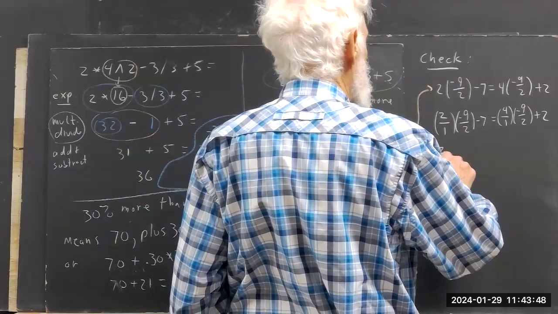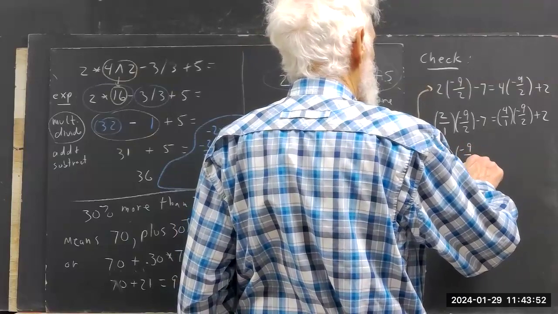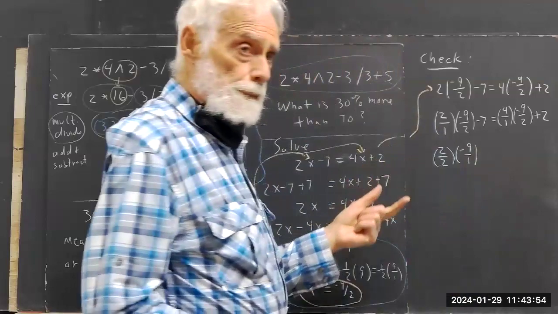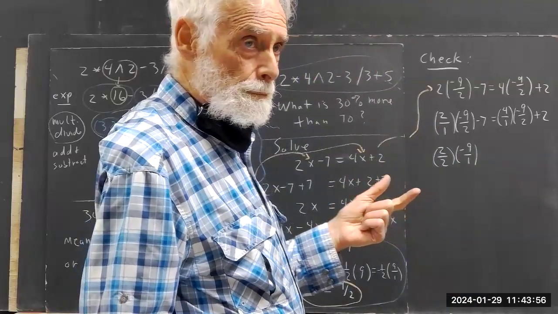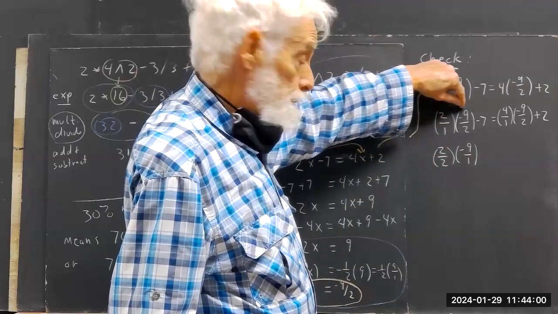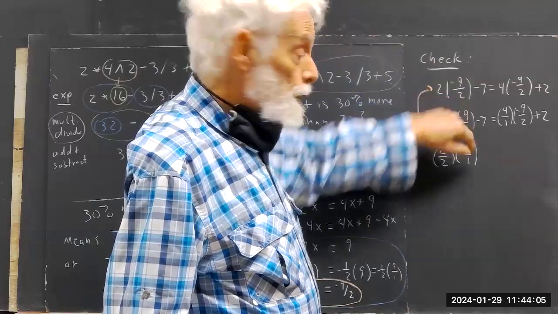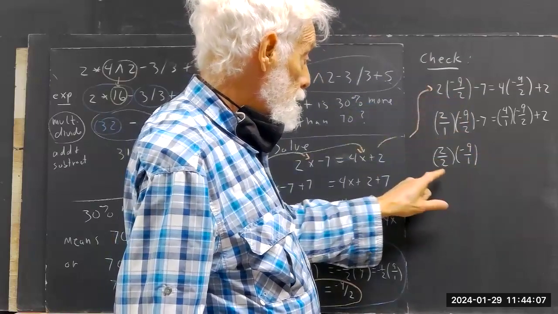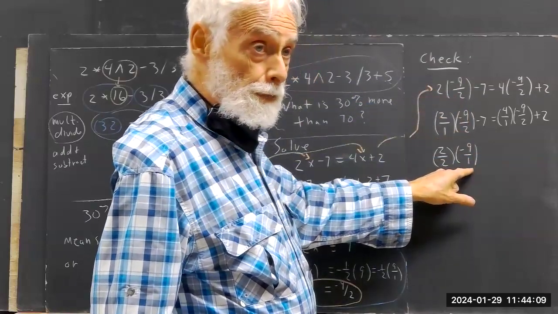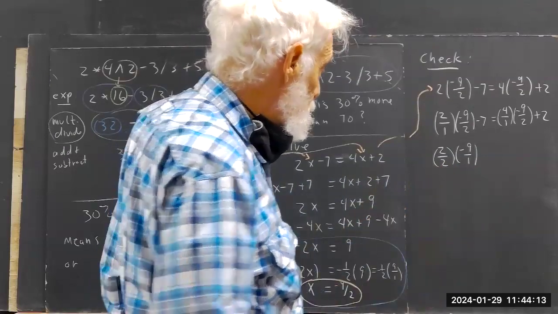This is the same as 2 over 2 times negative 9 over 1, isn't it? I multiply the numerators here, I get the same thing as if I multiply the numerators here. I multiply the denominators here, I get the same thing as if I multiply the denominators here. So I can switch the order of my numerators or denominators.